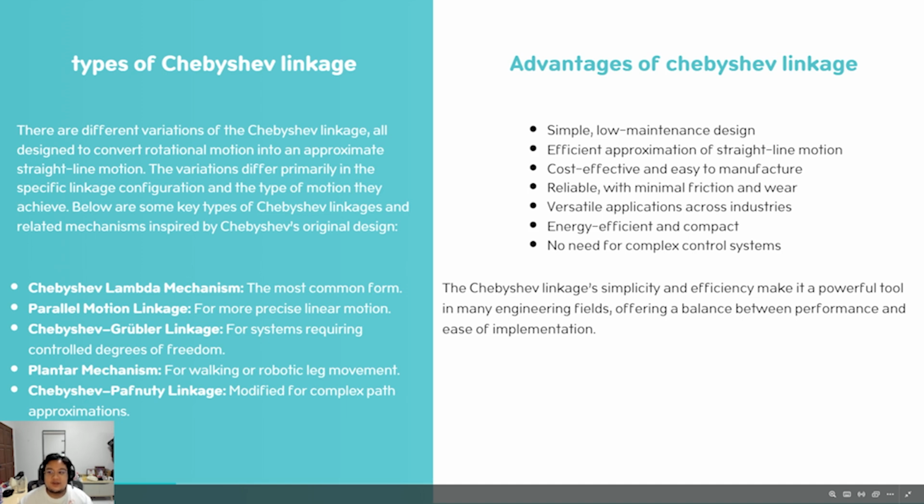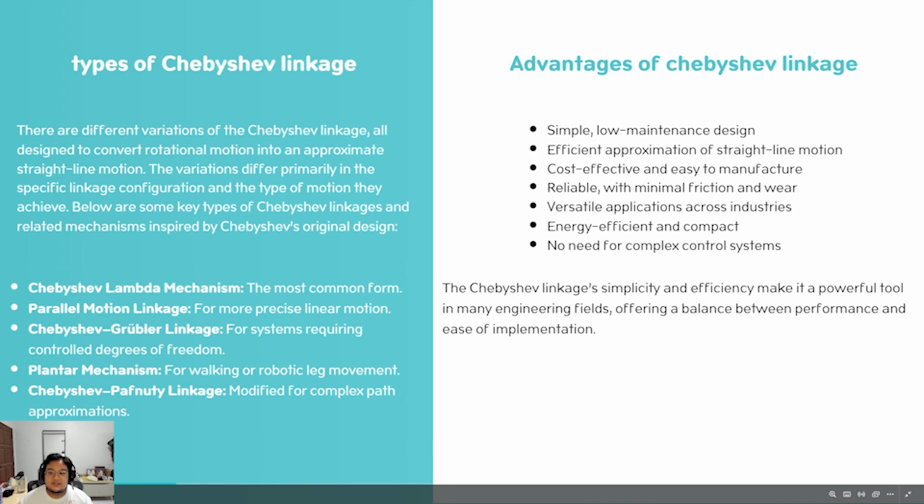Advantages of Chebyshev linkage. 1. Simple, low-maintenance design. 2. Efficient approximation of straight-line motion. 3. Cost-effective and easy to manufacture. 4. Reliable with minimal friction and wear. 5. Versatile applications across industry. 6.